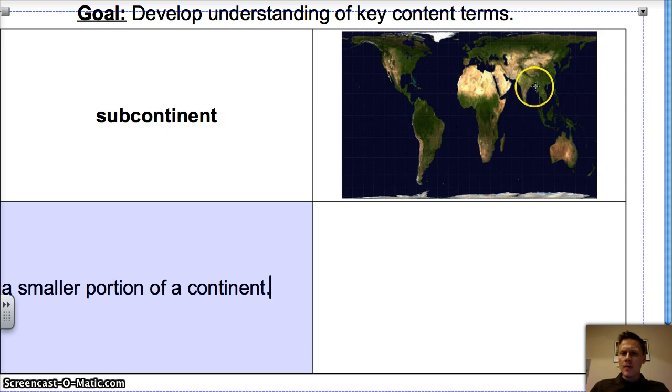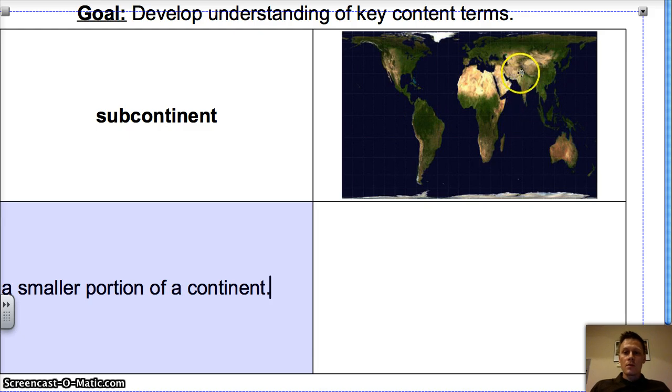Now, when we talk about India, we're going to talk about different things that separate it from the rest of Asia. Of course, we have Asia right here. And India is right here. See how a good portion of it juts out into the Indian Ocean.